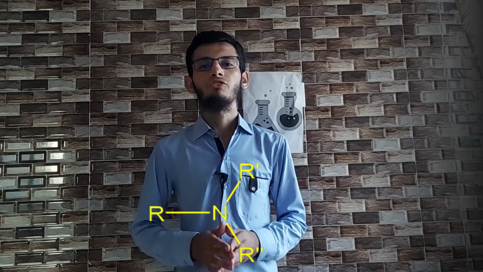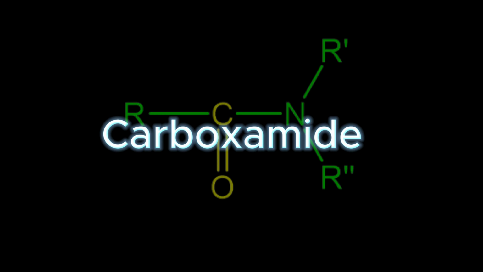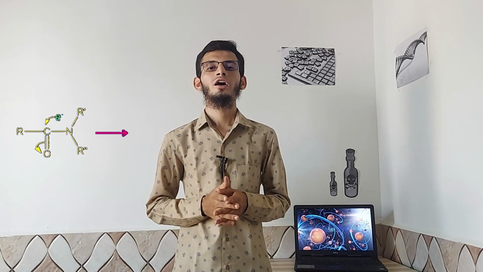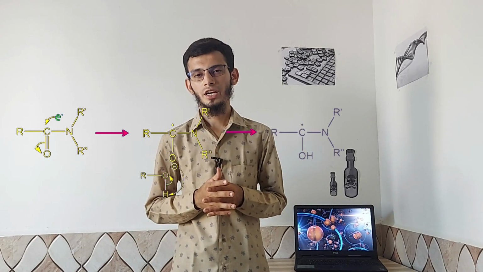But what will happen if I add carbonyl here? Birch reduction of carboxamide will give you aldehyde. Let's go into the mechanism. First of all, an electron will attack on the carbonyl carbon, resulting in a radical anion. Then after accepting a proton from the proton source, a free radical.